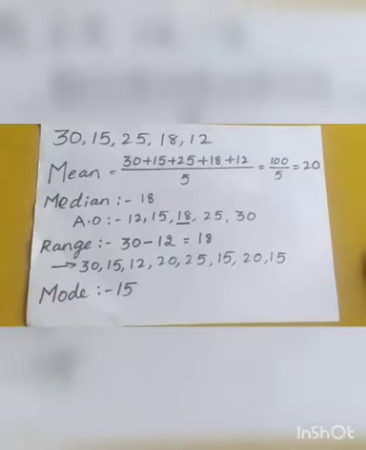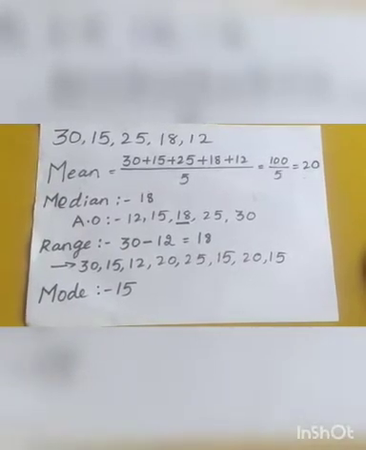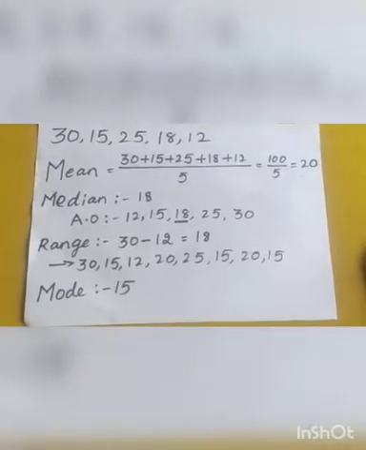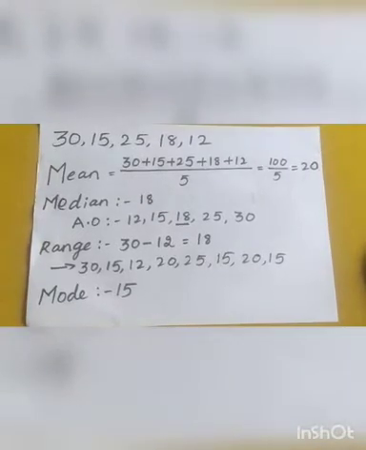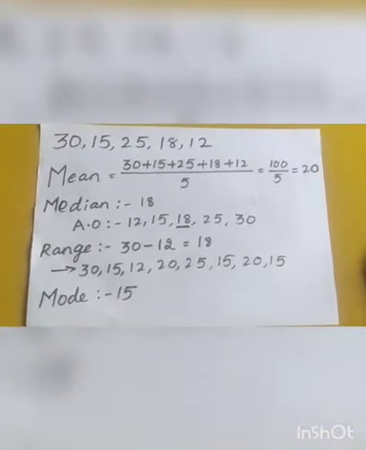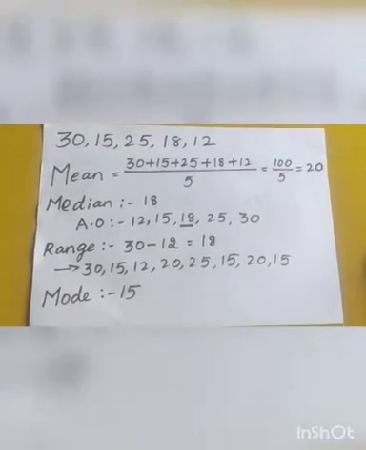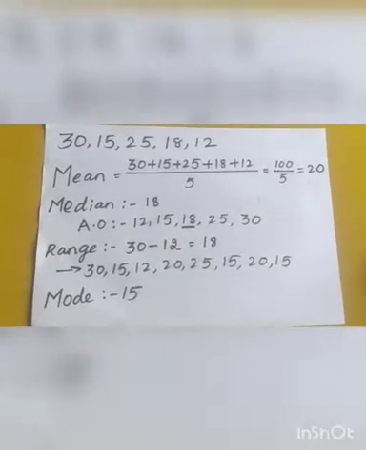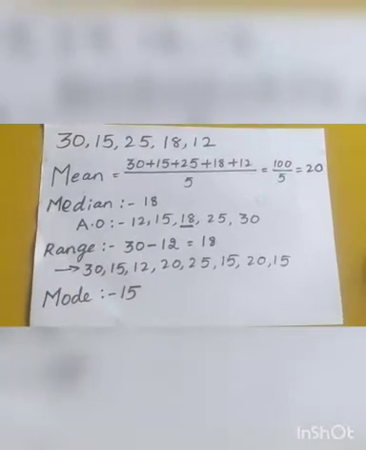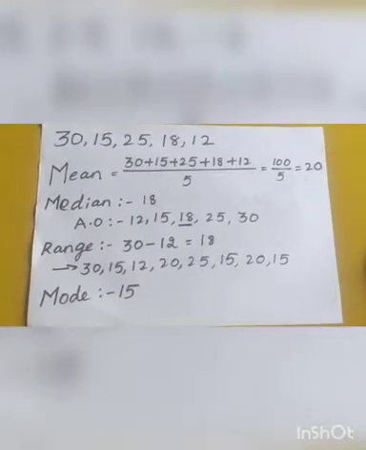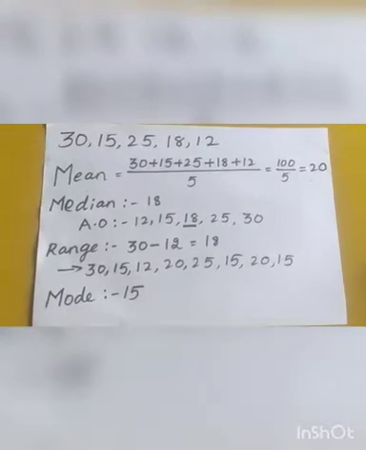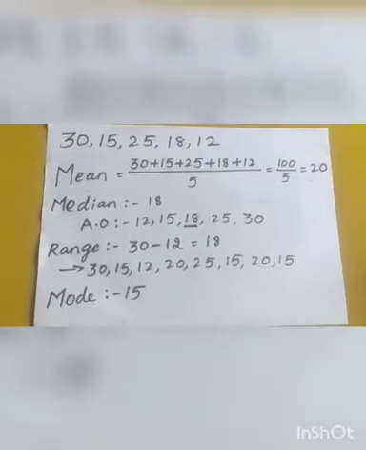Now let us see an example of how to find mean, median, range and mode. So children, here the data given is 30, 15, 25, 18 and 12. For this data you need to find the mean. So how to find the mean? Mean is equal to the sum of the observations divided by the number of observations.